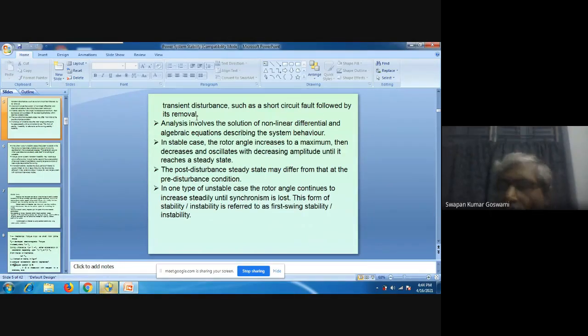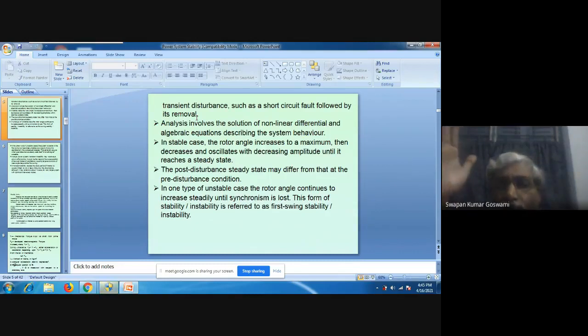When a short circuit fault occurs, why does the disturbance come? Say at the terminal of the generator, a fault has been created. From the generator terminal, there are transmission lines, and the power delivered by the generator was flowing through them.